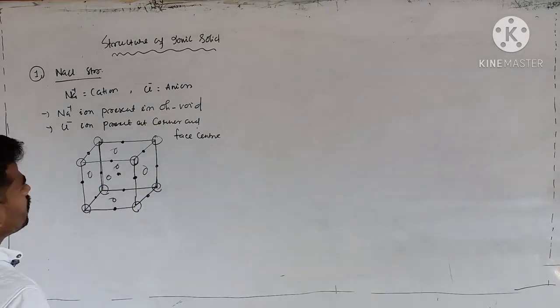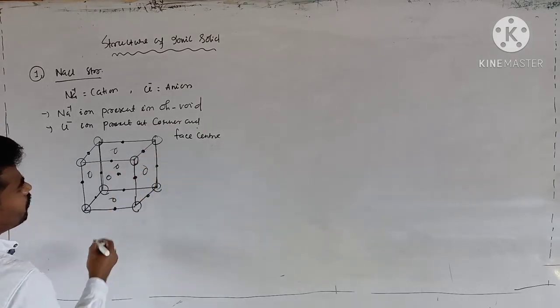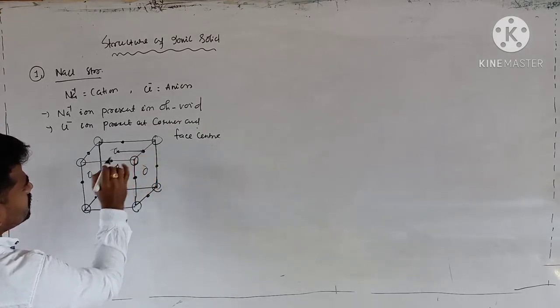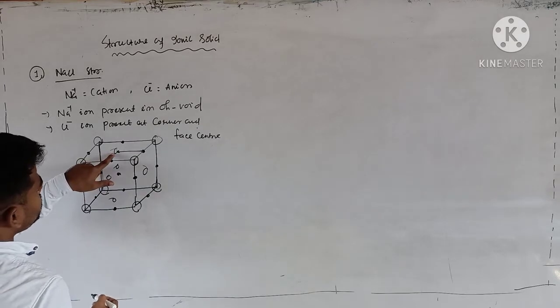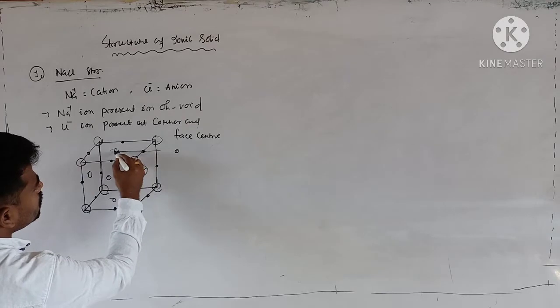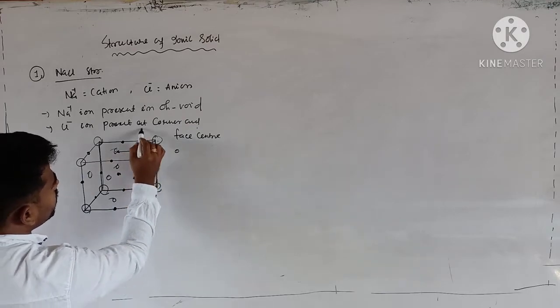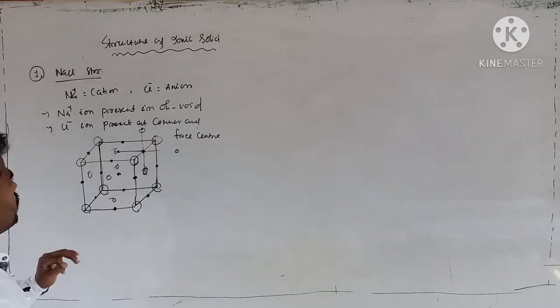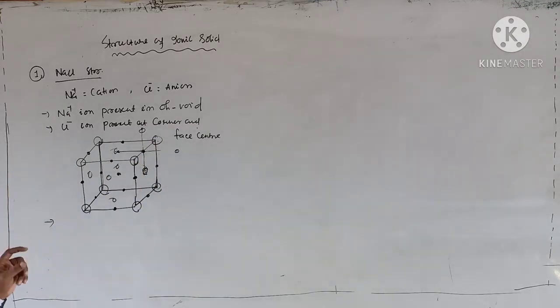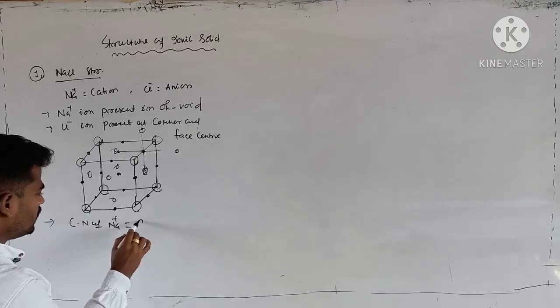Now tell me what will be the coordination number of Na plus. This Na plus ion is surrounded by Cl minus: 1, 2, 3, 4, another touching one, this one 5, and another above, 6. So each Na plus is surrounded by 6 Cl minus, so the coordination number of Na plus is 6.